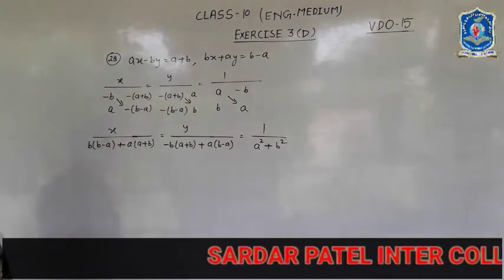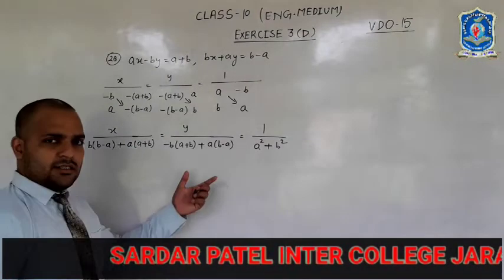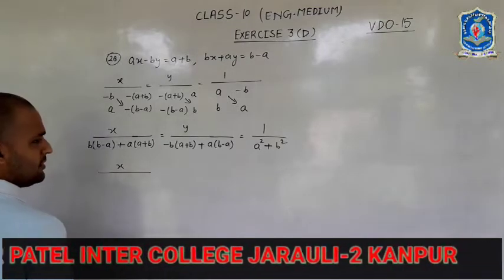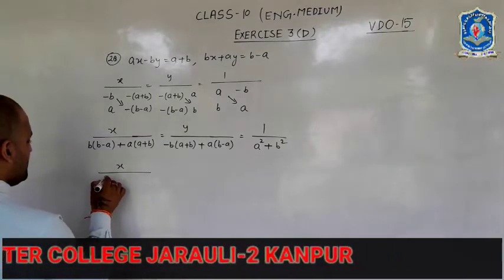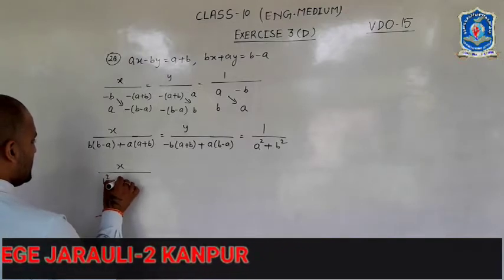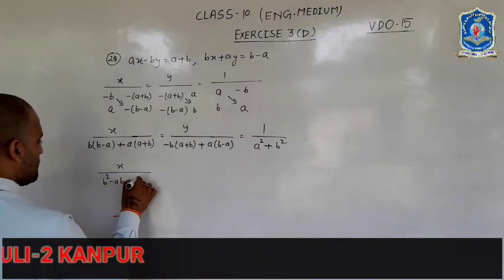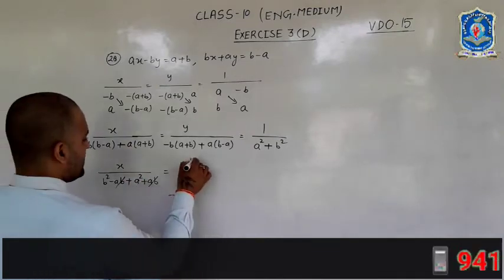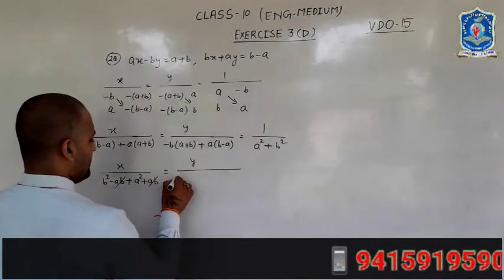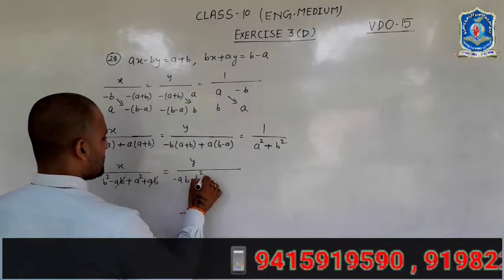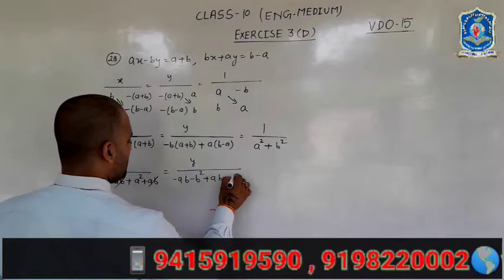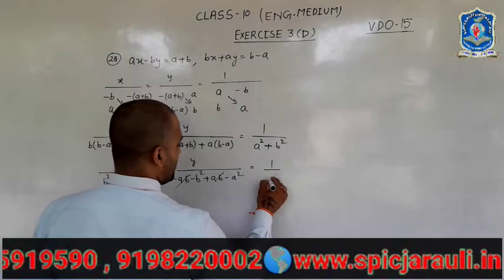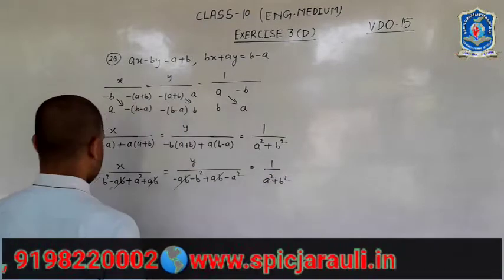Okay students, you got it? Now x upon multiplied by b gives b square minus ab plus a square plus ab, and ab cancelled. For y upon, it is minus ab minus b square plus ab minus a square, ab cancelled again. Here is 1 upon a square plus b square.